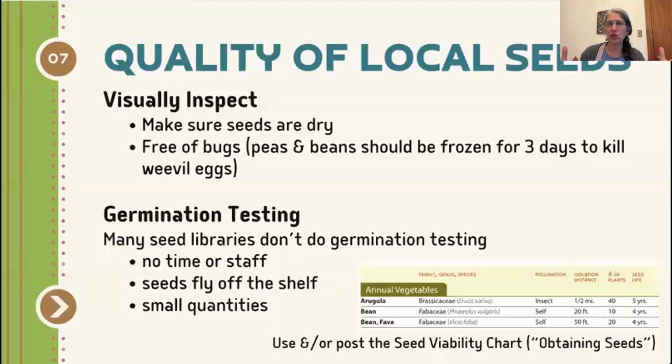Hence the reason you can often get donations from seed companies, because they're no longer marketable. However, they're still viable. In the real world, I don't know any community in their right mind that at the end of the year throws all their seeds out. We did not survive as a species by throwing all of our seeds out at the end of the year. But from a commercial perspective, it's got some value.